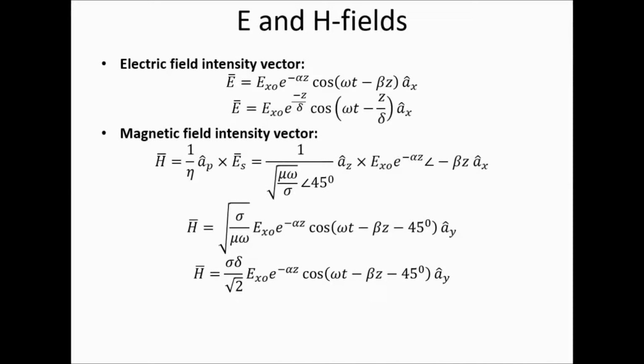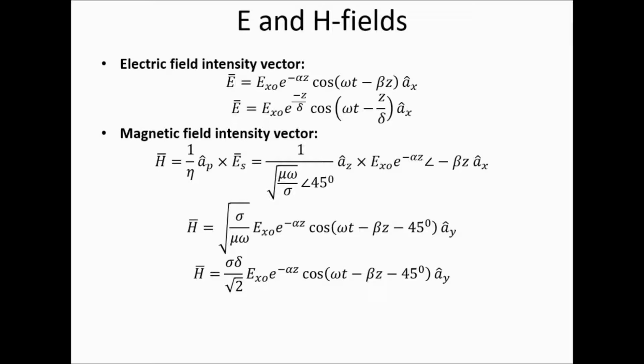The electric field expression E in the time domain can be written as Ex0 e to the power negative z over delta. This is the attenuation factor, 1 over delta, times cosine of omega t minus z over delta. So 1 over delta is also the phase constant, and the wave is polarized in the x direction in this case.